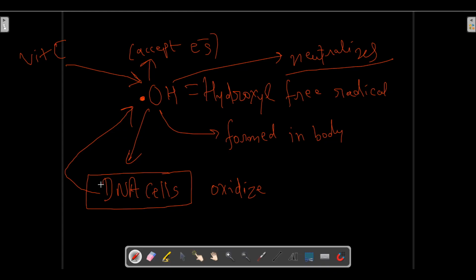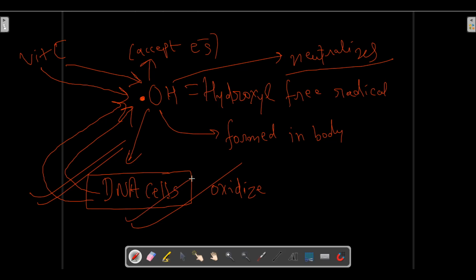So instead of destroying the DNA cells for electrons, the vitamin C is giving the electrons, so the DNA cells get saved. This is how DNA cells are saved by vitamin C.